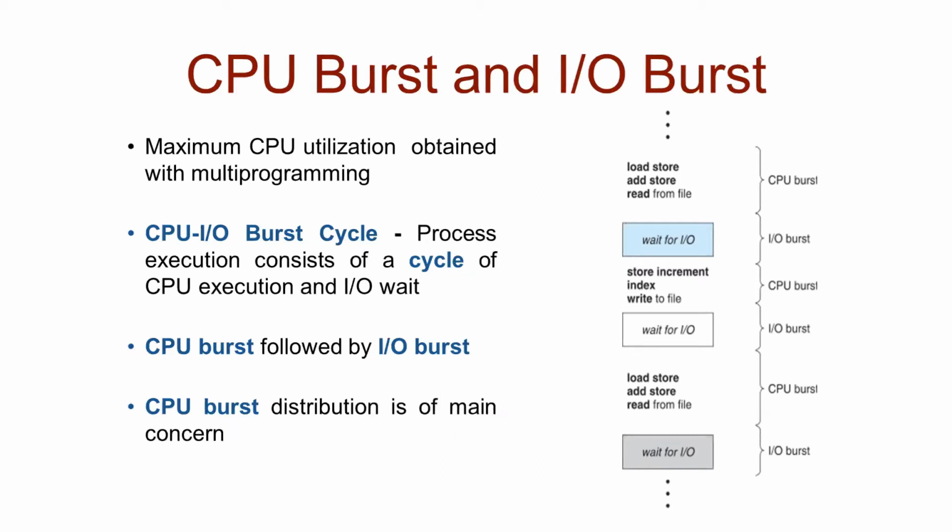Again, after completing input output, it will be allocated to the CPU again. So there will be another CPU burst. Then again there will be some IO burst and so on. Eventually, the final CPU burst ends with a system request to terminate the execution.